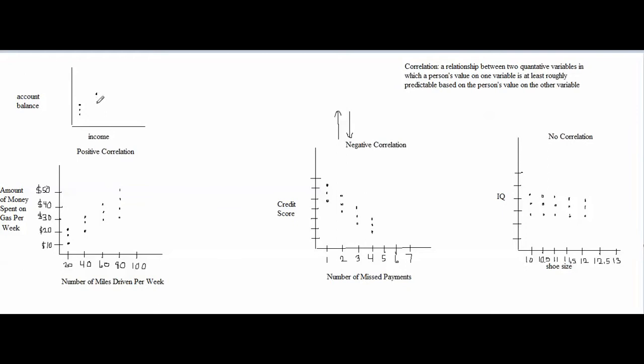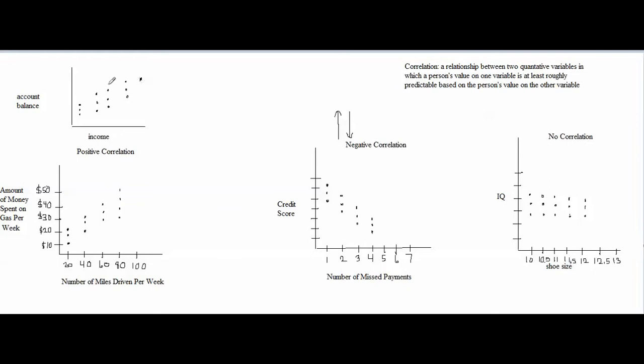We might see a positive correlation in the scatter plot in which people tend to have more money saved when they have higher incomes. But we might also see a lot of people who are exceptions. What I mean is we might see a lot of people who don't fit this overall pattern.